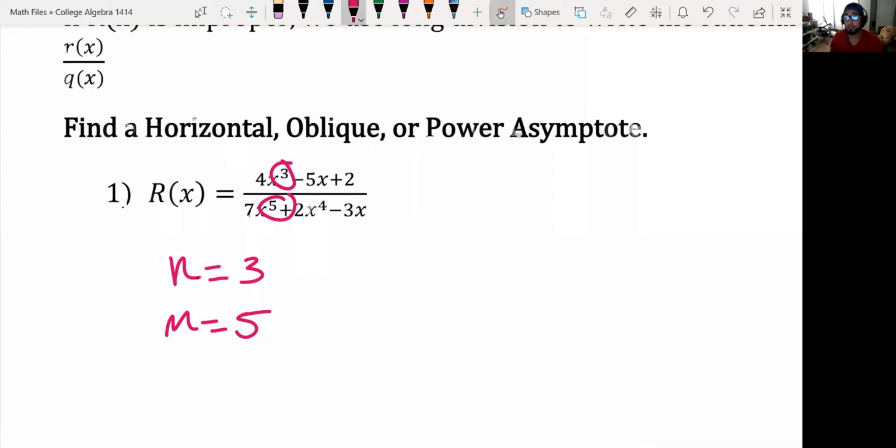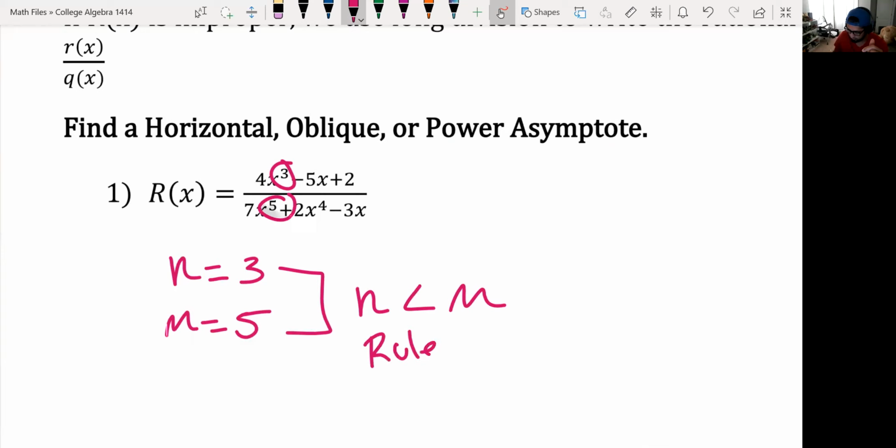Rule number 1 states that if the degree of the numerator is smaller than the degree of the denominator, in this case it is, right? Here, n is less than m, which becomes rule number 1, then automatically we get a horizontal asymptote of y equals 0. And that's done. Good night, go home. No other work to do.